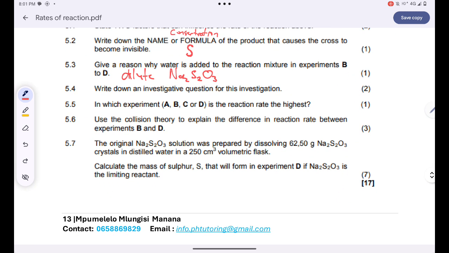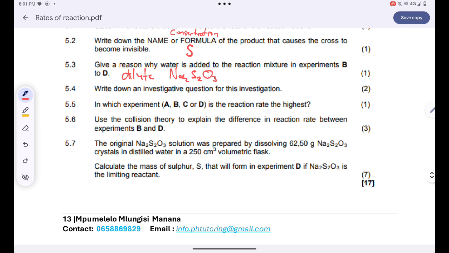Okay, excuse me. And then the original sodium thiosulfate solution was prepared by dissolving 62.5 grams of sodium thiosulfate crystals in distilled water in a 250 cubic centimeter volumetric flask.